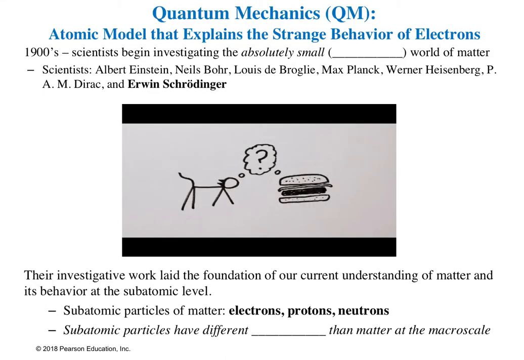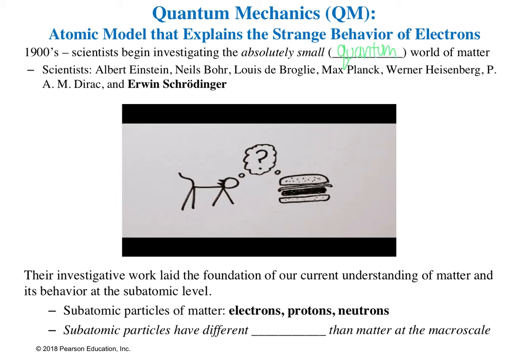Hey, we're now starting on chapter 2, which gets into how the atom gets described as a quantum mechanical model. So, in the 1900s, scientists started to think about what happens when we get to the very small, or quantum, world.